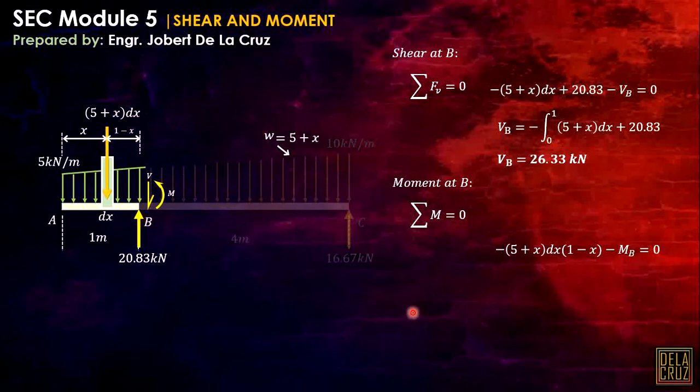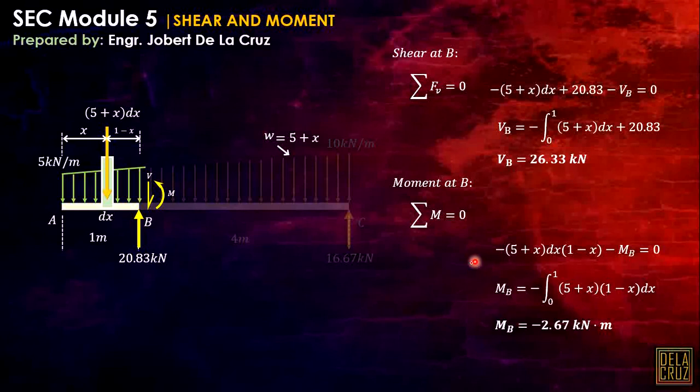Then transpose yung MB, integrate natin from 0 until 1 lang. Then it will give us the value of negative 2.67 kilonewton meters. And this is the value of the moment at B, if you remember, in the shear and moment diagram. Now, this is the maximum negative moment.